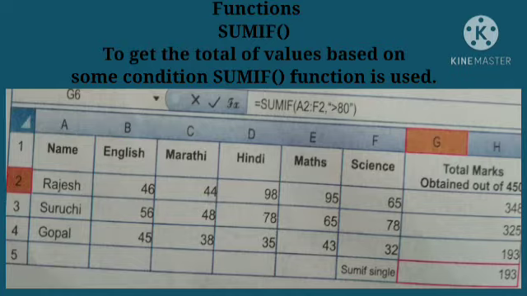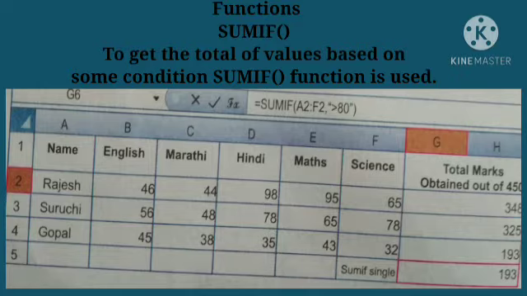If you see the table, in A2 to F2 you have Rajesh. English 46 marks, Marathi 44 marks. Is it greater than 80? No. But Hindi 98 is greater than 80.